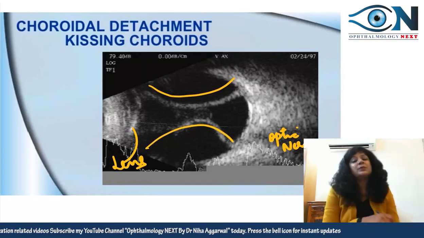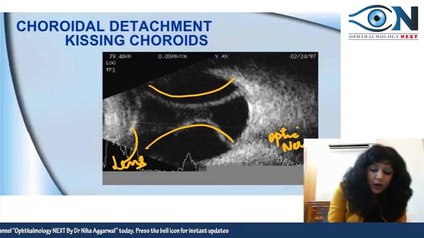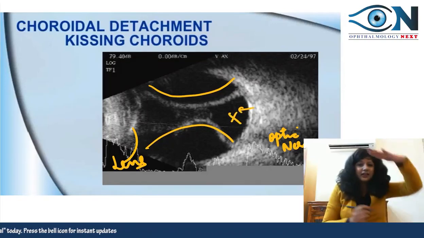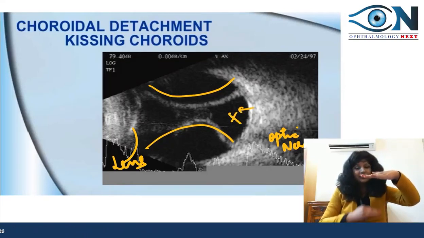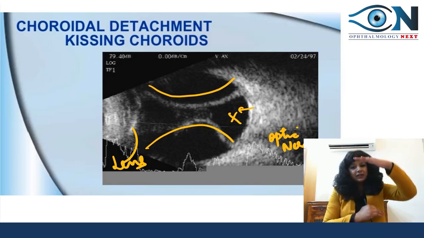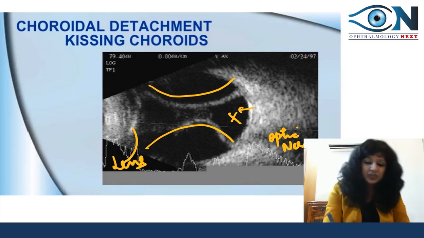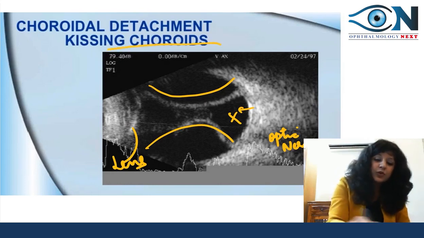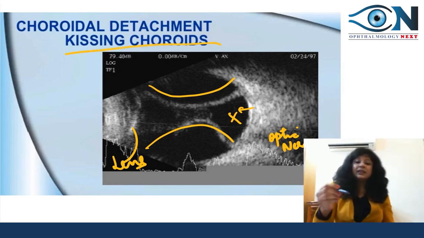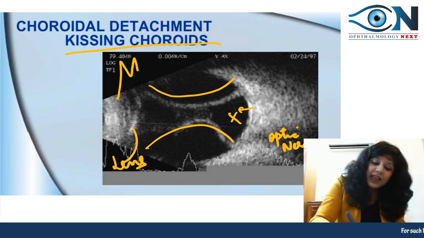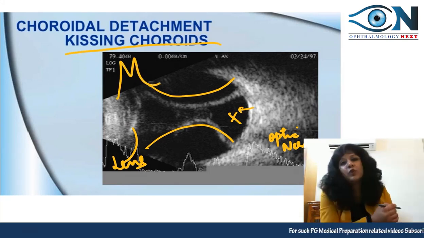So this is the speciality of the choroids. They are not detaching like this. They are detaching like this and this. So basically the superior detachment and inferior detachment are touching each other. That is why it is also called the kissing choroids. And this is the reason why we get an M-shaped spike in cases of choroidal detachment.